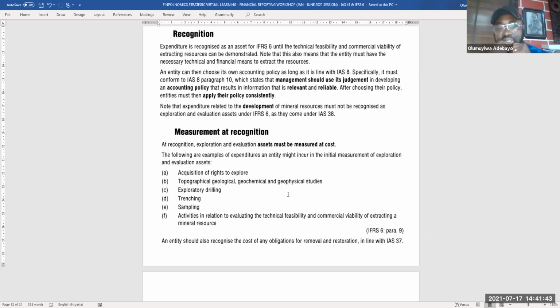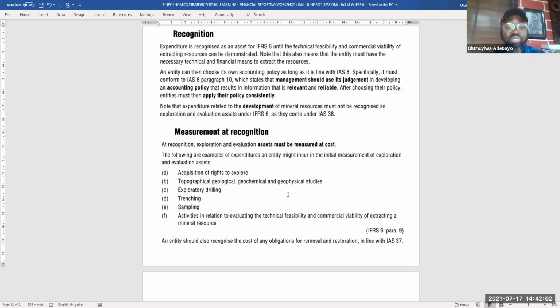Now, the standard makes us understand that there are various examples of expenditure that might be incurred upon initial measurement of E&E assets. Okay, and those are related to acquisition costs and exploration costs, as I've explained.